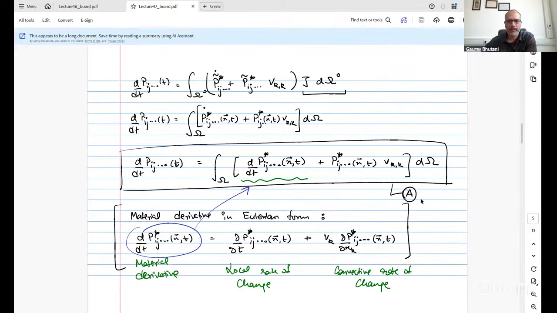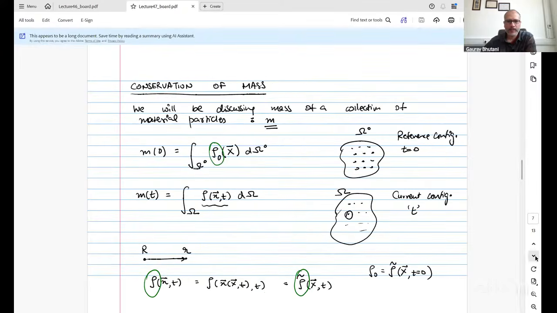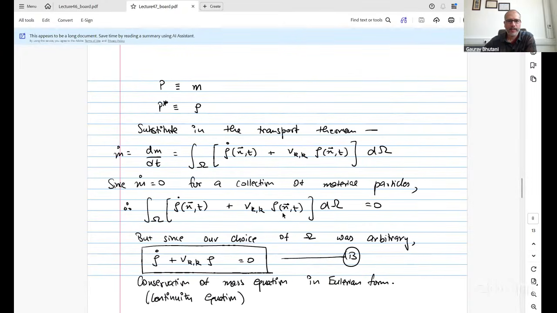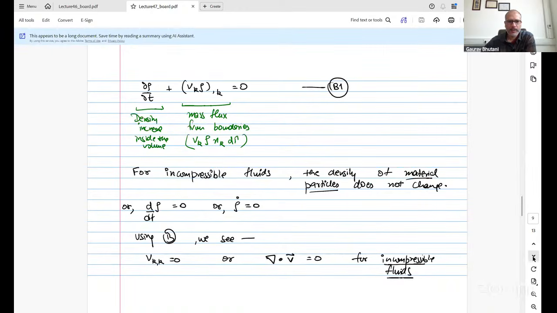We're using form A of the transport theorem, where I have a d by dt of this and a v_k comma k. We apply that, and that results in this form of the conservation of mass equation written in the Eulerian form. So that's the whole aim: if you want to write things in the Eulerian form, that is when you use the Reynolds transport theorem. This gives different forms of the equation.